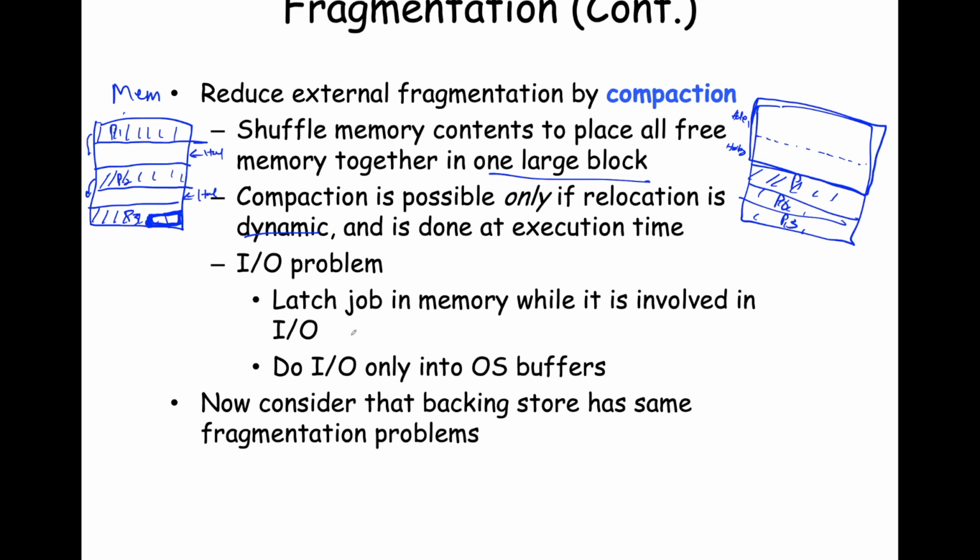What typically happens is you latch or pin this job in memory while it is involved in I/O. When you are, say, P3 and you're involved in I/O, it's now off limits for being reshuffled when you need to do compaction. And so you don't do I/O into just operating system buffers. You could do that, and the operating system buffer then transfers it back through the return value. But if you're not doing that, you have to make sure that those processes stay put because the DMA controller has no idea that this process has been relocated.